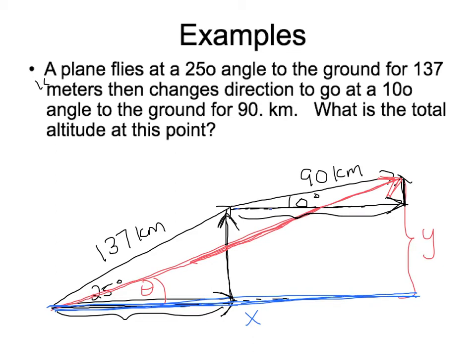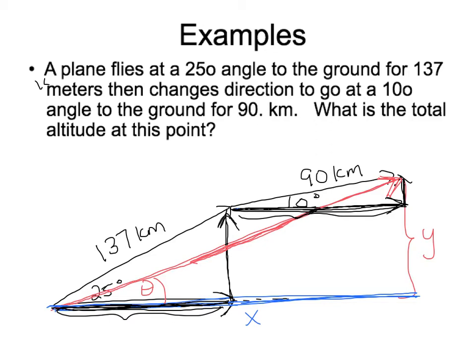So I do that math-wise by doing the cosine of 25 times 137. If you need to work that out with the Pythagorean theorem and SOHCAHTOA, go ahead. But this is going to be the cosine of 25 times 137. In the same sense, because this is adjacent, this is going to be the cosine of 10 times 90.